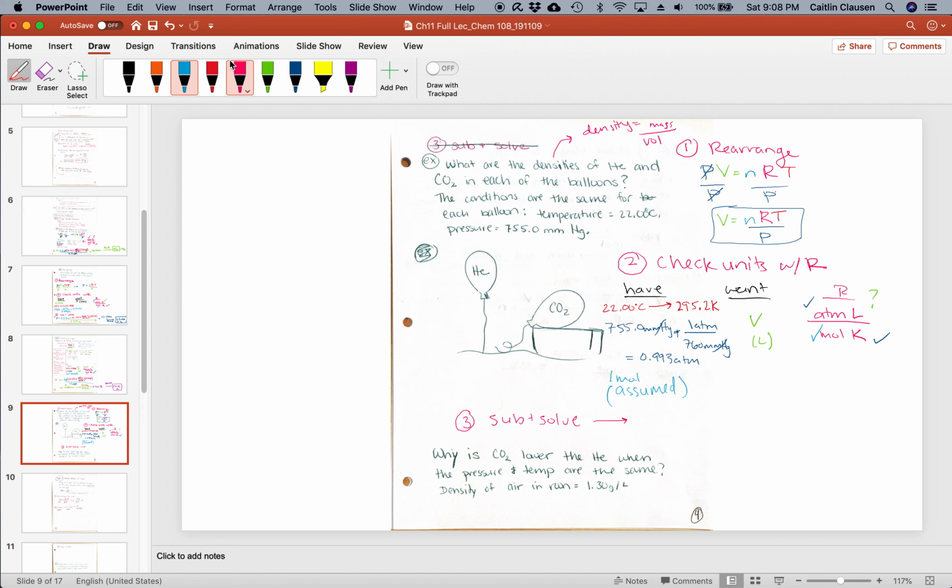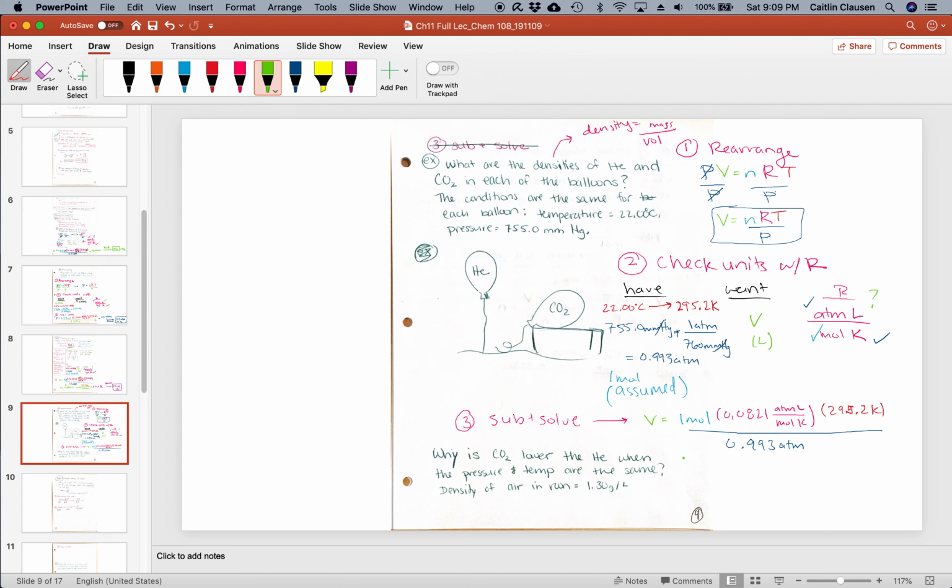There's a couple of substitutions happening. First one, we're just going to do the gas law. We got 1 mole times 0.0821 atmosphere liters per mole Kelvin times 295.2 Kelvin, all of that divided by 0.993 atmosphere.